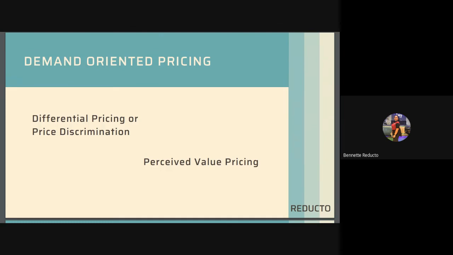The next one is the use price differential. This differential is based on different buyers having different uses of a product or a service. The third one is the quality price differential. In this case, the quality of the product will determine the price of the product.